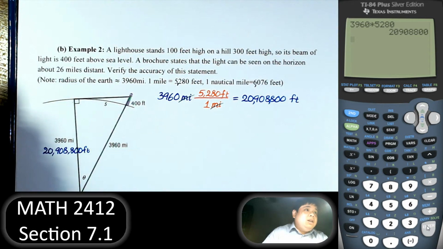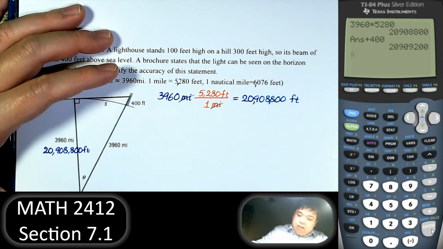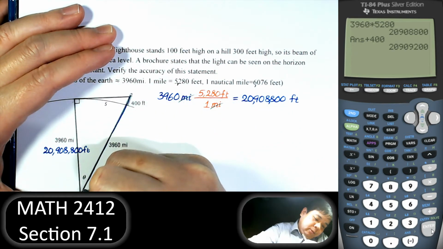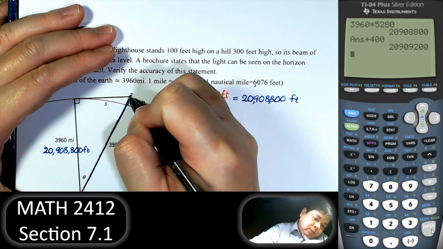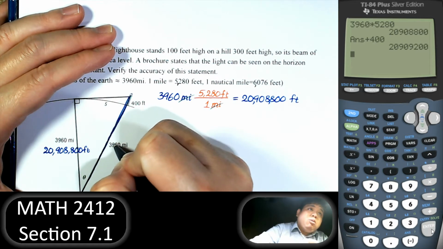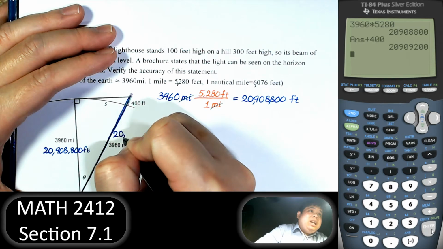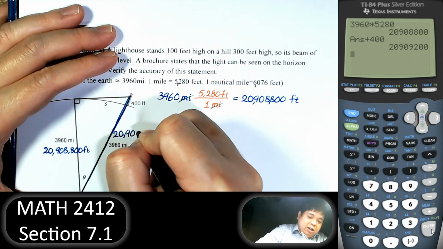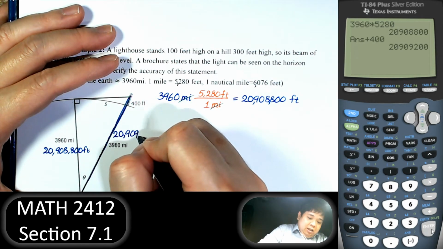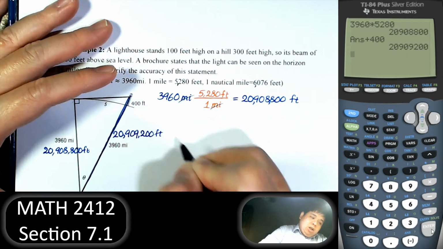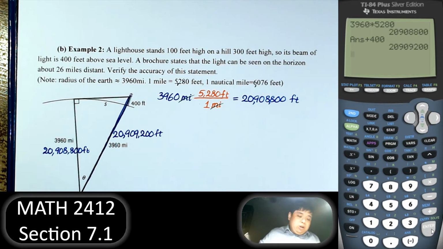So we have that plus 400, so the total distance here is a little more than that. That is 20,909,200 feet.